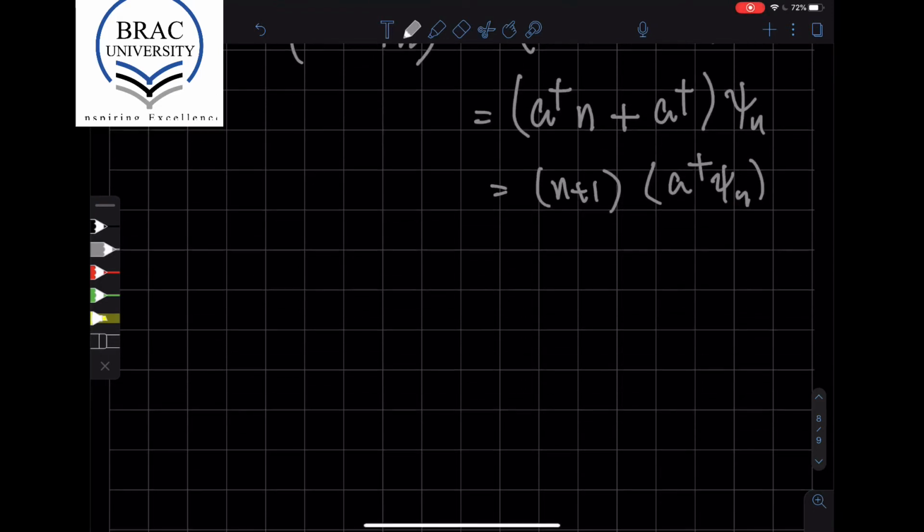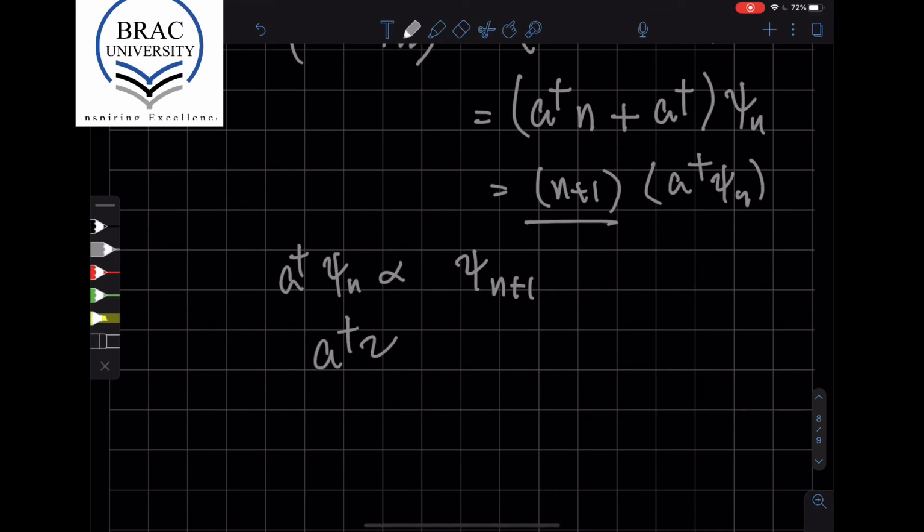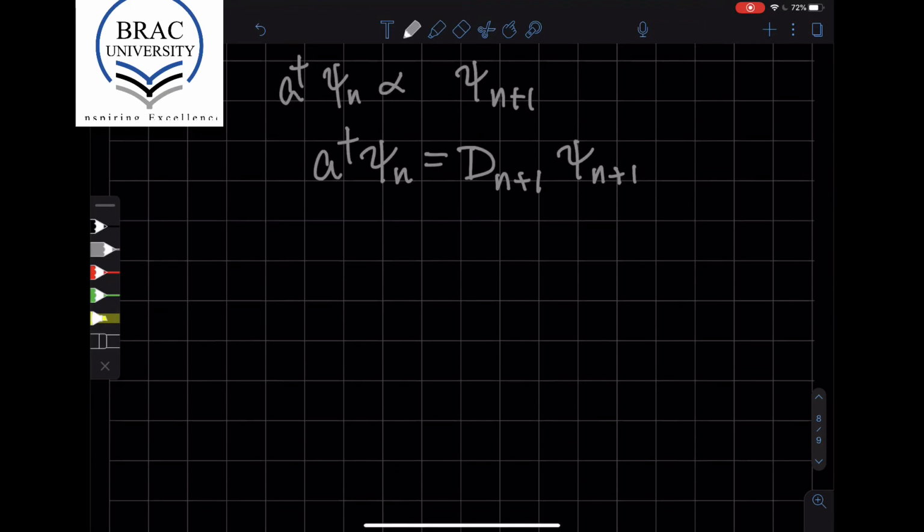In other words, the effect of a dagger on psi n is to change the state to psi n plus 1. It increases the n eigenvalue by 1 unit, and therefore we can write a dagger psi n is some proportionality constant, let's call it d, n plus 1, then psi n plus 1. So these are important relationships.